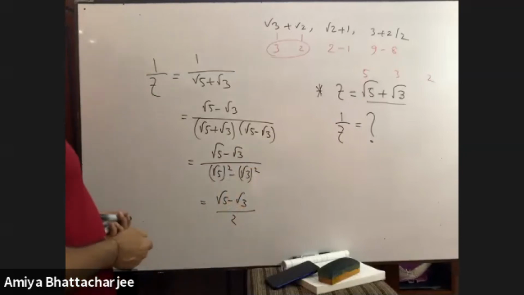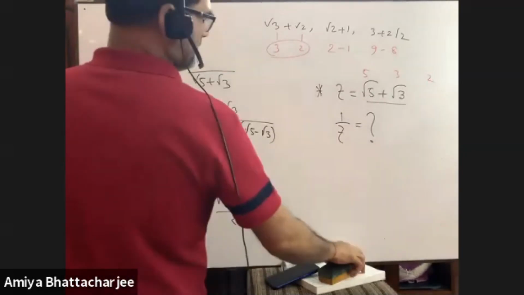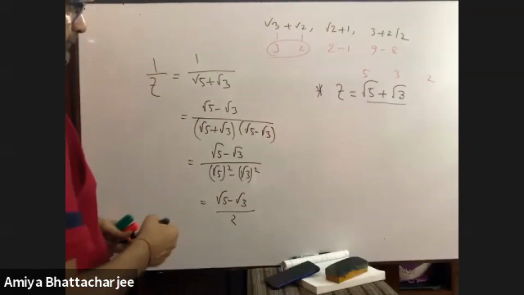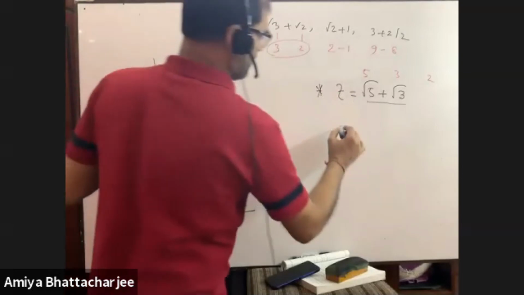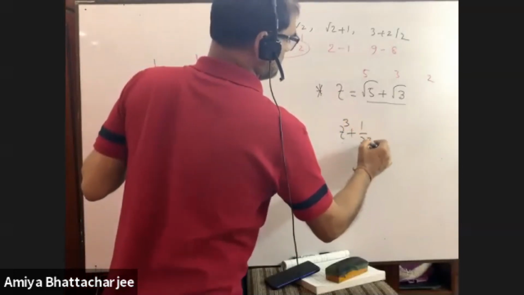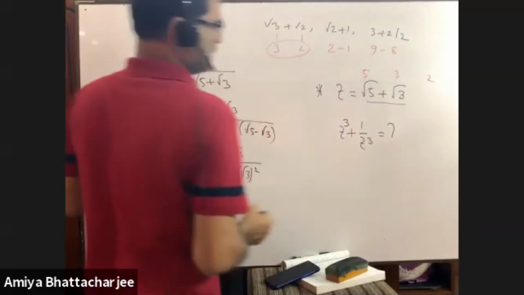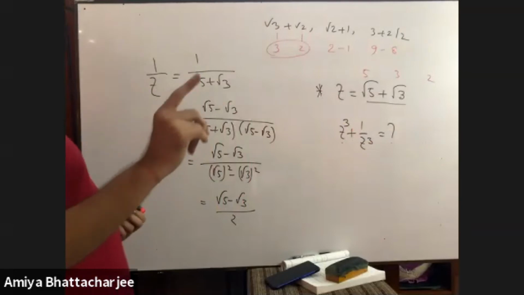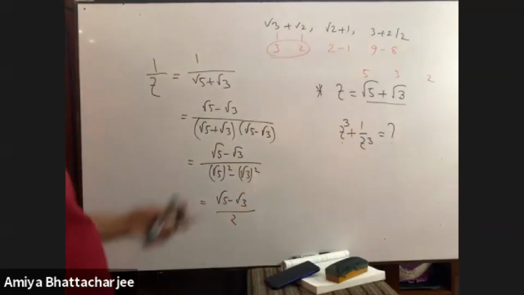If you are really very advanced, I can give you a math to do at home. Not today. Find z cube plus 1 by z cube at home, where z is root 5 plus root 3. Not today, after finishing all the exams, you will do it.